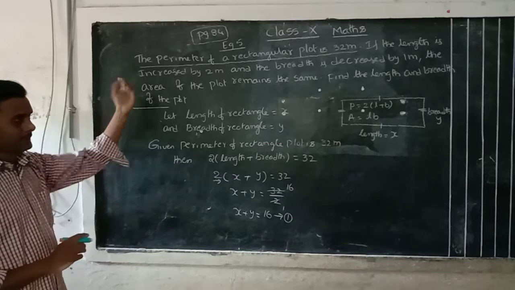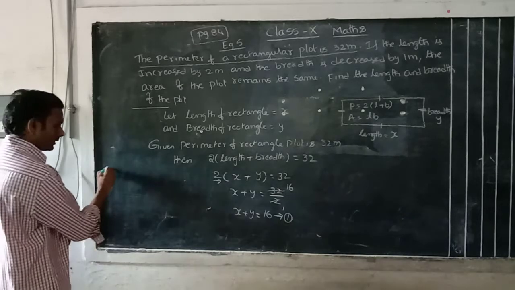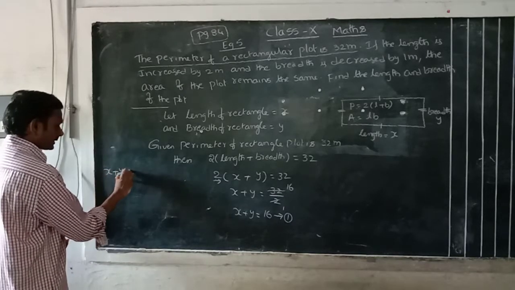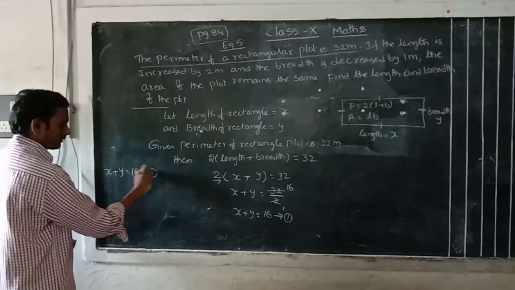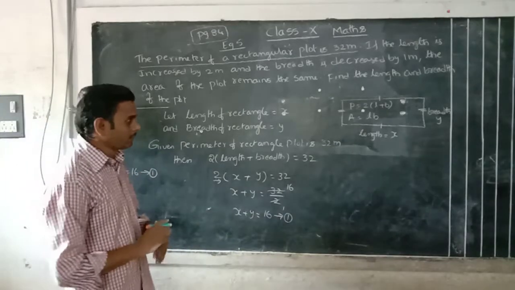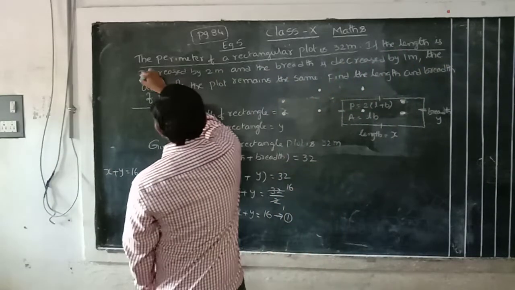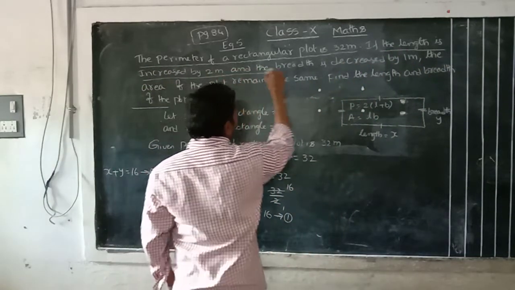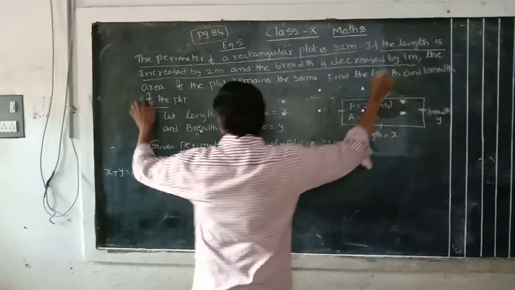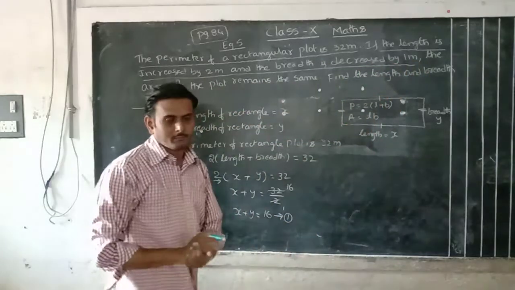Now we go for the second sentence. The first equation we got is x plus y equals 16. Now the condition: if the length is increased by 2 meters and the breadth is decreased by 1 meter, the area of the plot remains the same.